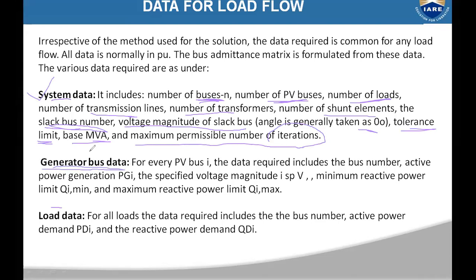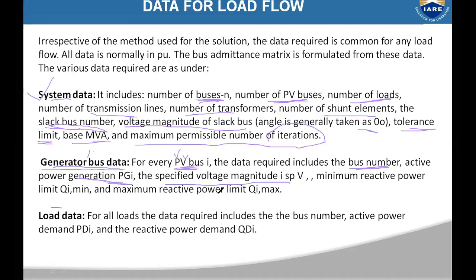Another one is the generator bus data. At the generator, what is the data you should know? At every PV bus, the generator bus is also known as the PV bus. The data required includes the bus number, the active power generated at this bus, and the specified voltage magnitude V. At the PV bus, P and V you should know.